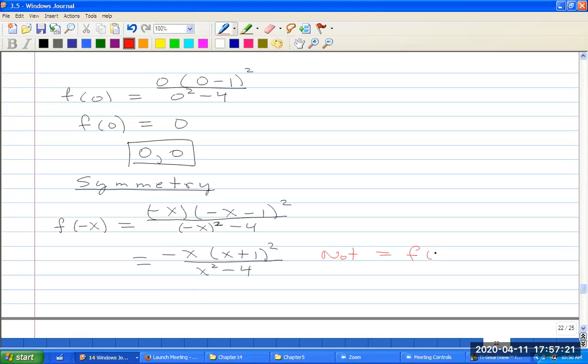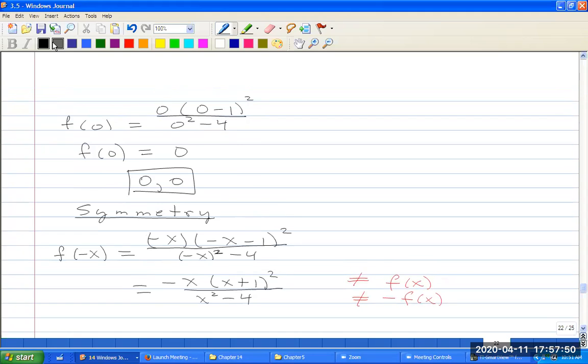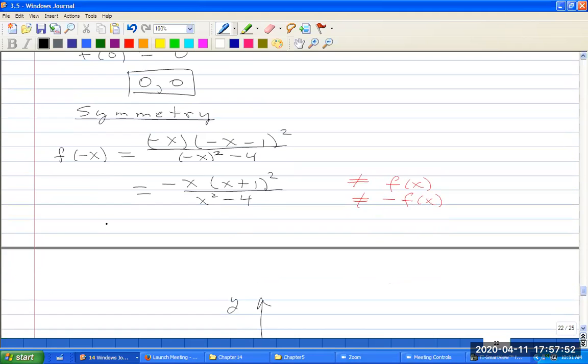So this is not equal to f of x. This is not equal to minus f of x. So it's not symmetric about the origin. It's neither even nor odd. Not symmetric about the origin, not symmetric about the y-axis. It's a function, so it's not symmetric about the x-axis. So this has no symmetries.